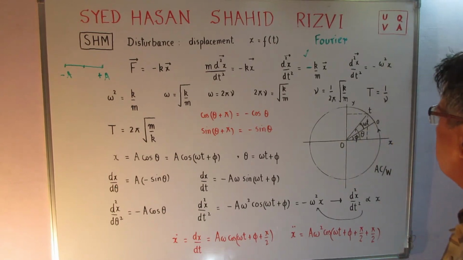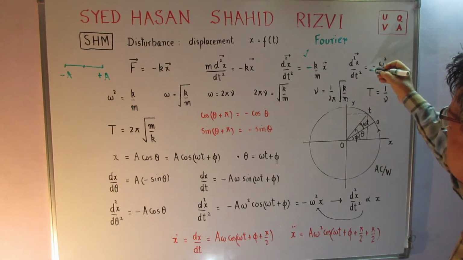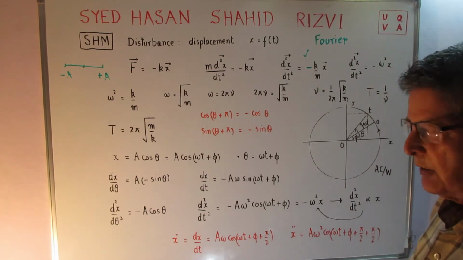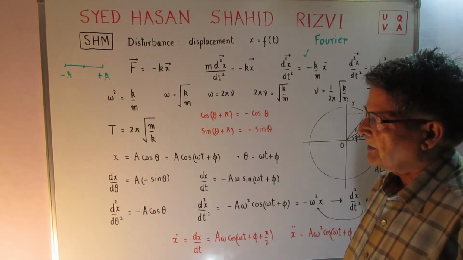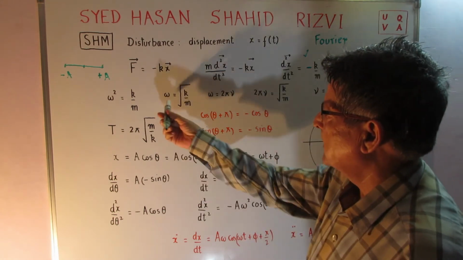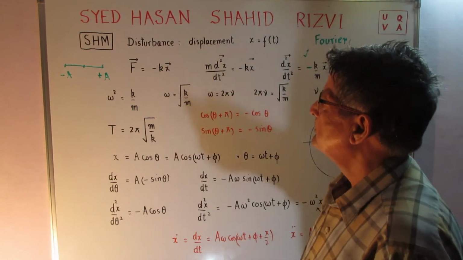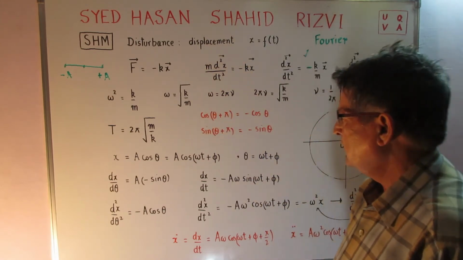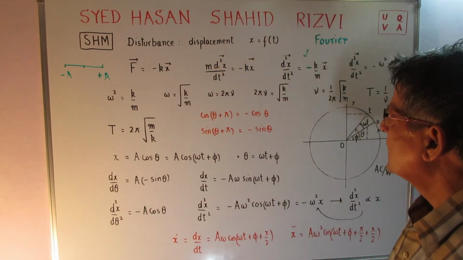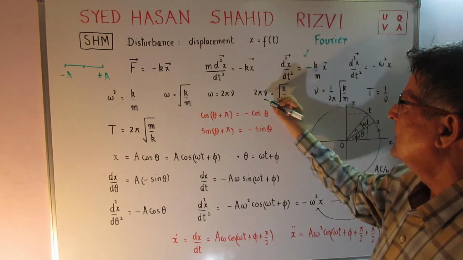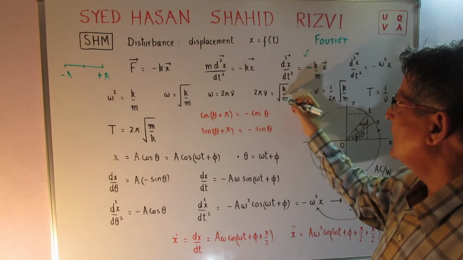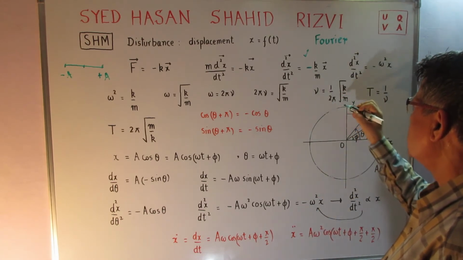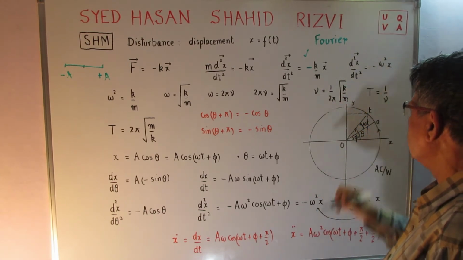So I can write d2x upon dt2 is equal to minus omega square x, where omega square is equal to k upon m, so that omega becomes equal to under root k over m. Omega is equal to 2 pi nu, as you know. This is the angular frequency, and this is the frequency. So I can write that 2 pi nu is equal to under root k upon m, or nu is equal to 1 upon 2 pi under root k over m.